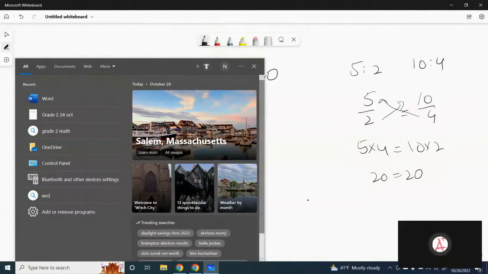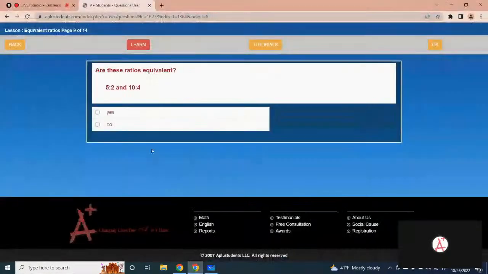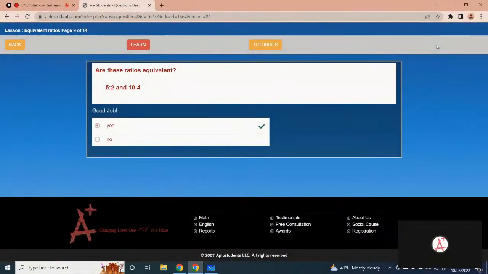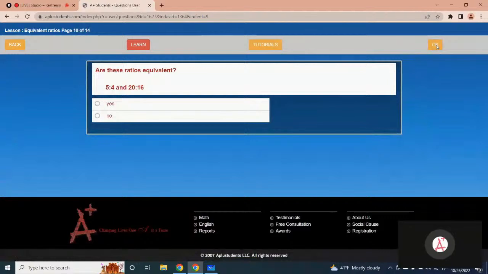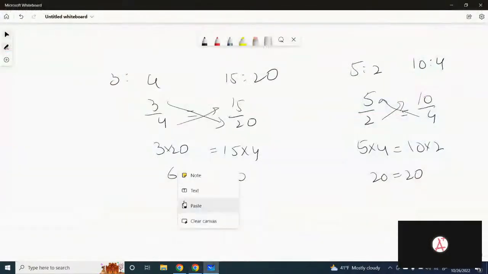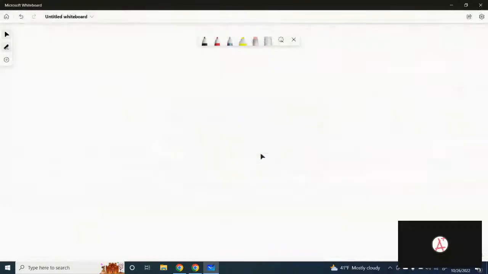Okay, the next one is 5 ratio 4 and 20 ratio 16.